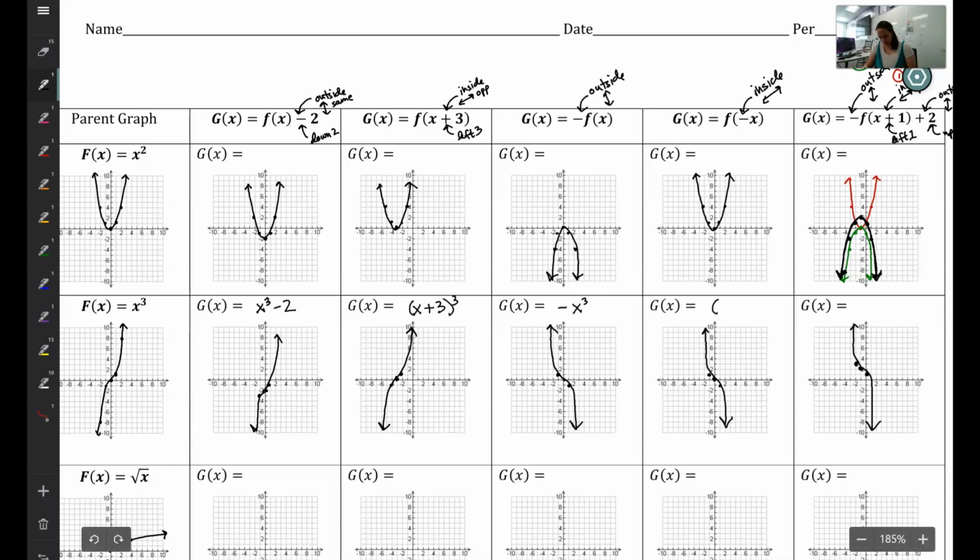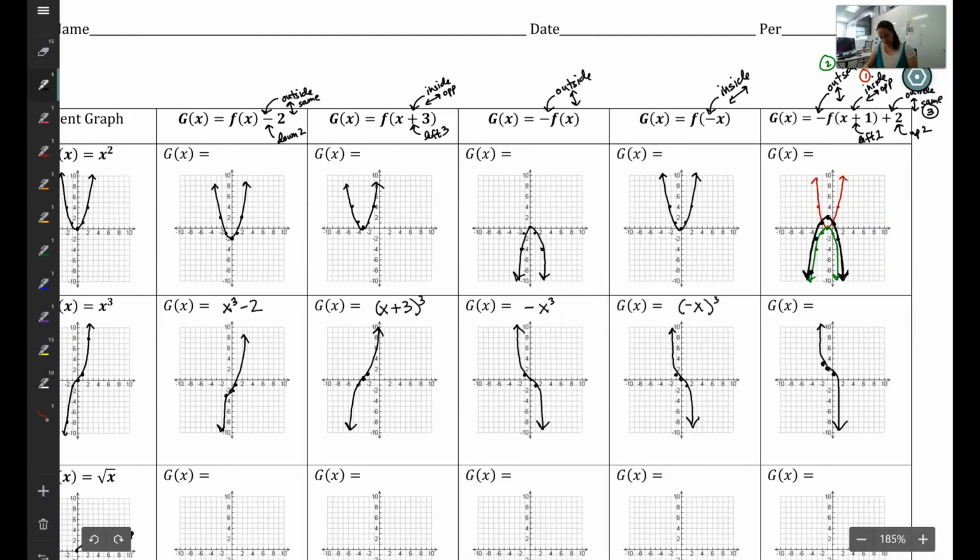This next one I want the negative on the inside. This one I want a negative on the outside, a plus 1 on the inside, and a plus 2 on the outside. So that's how we come up with the equations using this function notation for that.